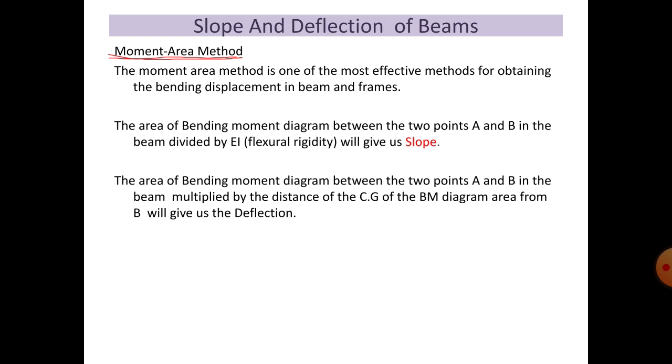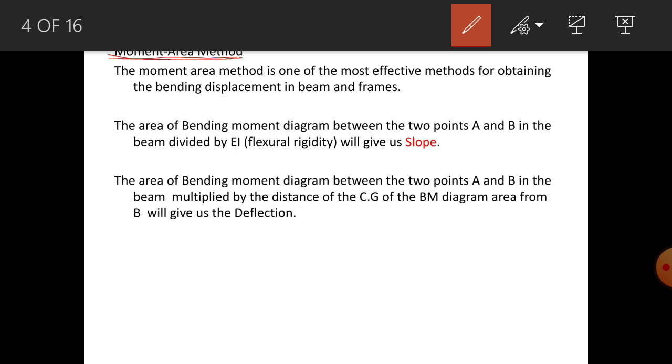Okay, to calculate the slope, for any given beam, we have to find the bending moment diagram of that beam, and then find the area of the bending moment diagram. If this is your bending moment diagram, whatever is the area of this one triangle, not two triangles, take one triangle.